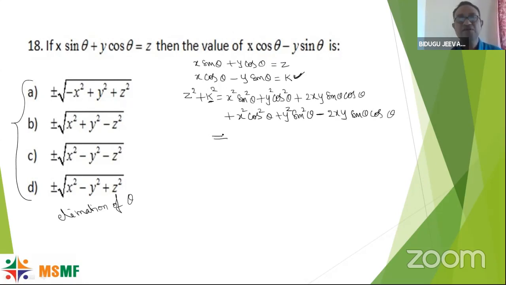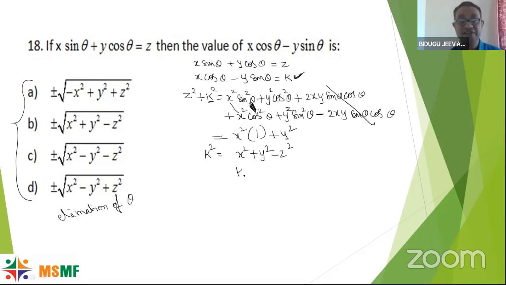If x square is taken common, it is sin square theta plus cos square theta, which is 1. Similarly for y square. These two terms get cancelled. Now k square is equal to x square plus y square minus z square.